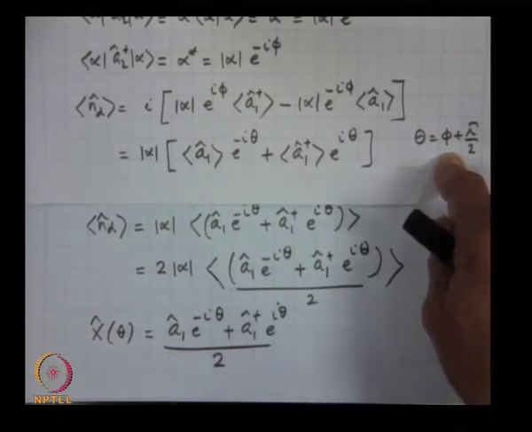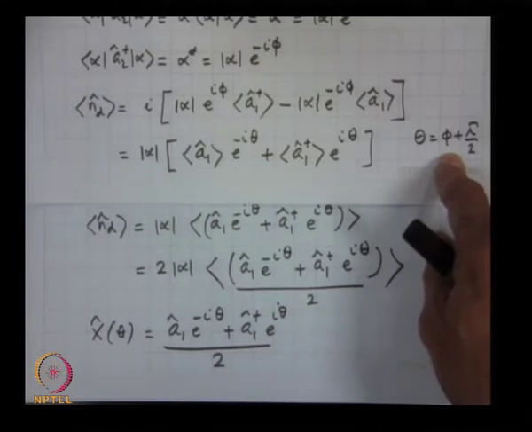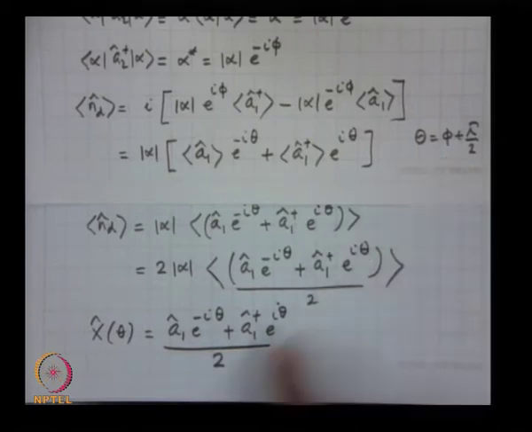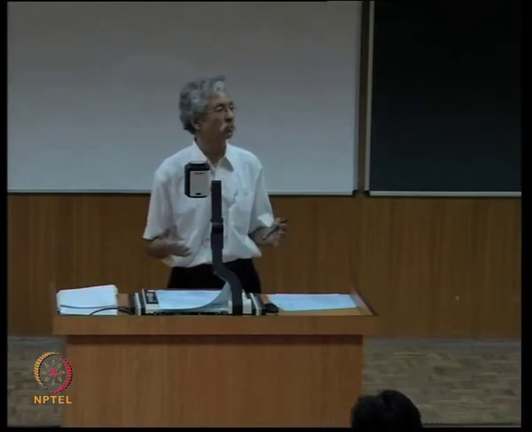So if I appropriately choose the phase of the local oscillator, which is in arm 2, which means if I choose appropriately phi, then I can vary my theta, and depending on the value of theta I choose, the signal that I am measuring is proportional to the expectation value of x or expectation value of y. What has happened is, because I have given a reference phase, which is the local oscillator, I am able to measure either the x quadrature or the y quadrature.